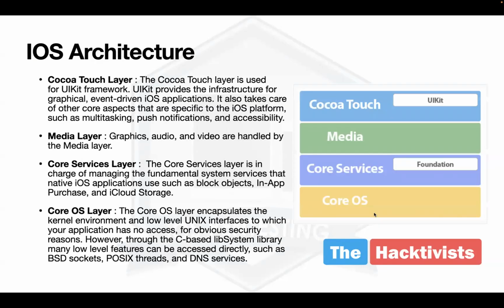When it comes to Cocoa Touch, this is the layer through which applications are able to use the GUI, the graphical interface, of the operating system. Basically, it defines what functionality the application has and what things it is able to take from here.